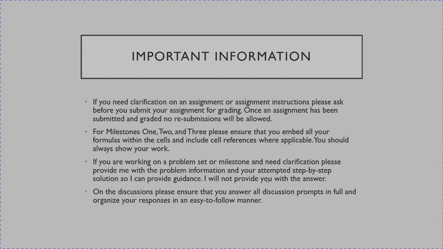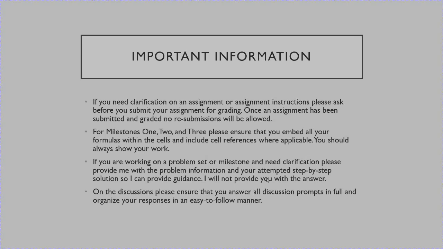Okay, it is imperative that for any item that needs to be calculated, within the cell you include a formula that shows your work. Okay, so within each of the cells you're going to embed a formula showing, you're multiplying cell A3 times B4, whatever it is. Okay, I can follow along the formula by double clicking it and I can see what you're doing.